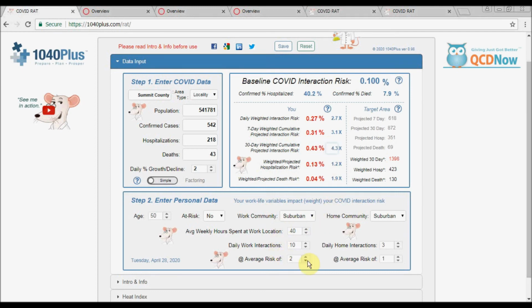If everyone engaged in this behavior, if everyone worked full time and had this many interactions, and everyone took on this same risk, you multiply this now by the county population, and all of a sudden, look at what the projected cases would be in 30 days versus what they would be without this additional risk, given the current growth rate.